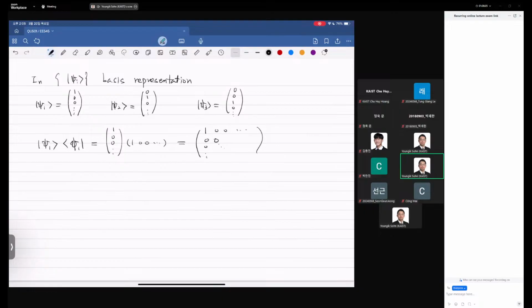You get this matrix, and you can imagine doing it for the kth eigenstate and calculating ket bra. What is that? This will become all 0s and then a 1, and this 1 is located at the kth row, kth column.